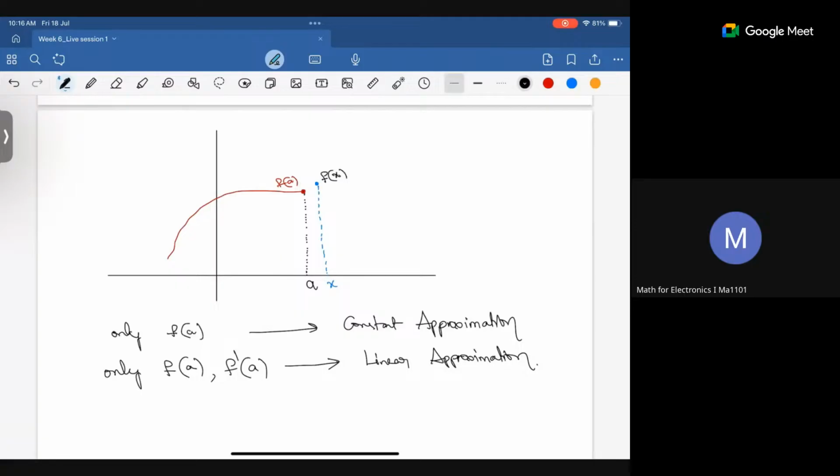If I know more information, like f double prime of A along with f prime of A and f of A, I can do a much better approximation, which is quadratic.